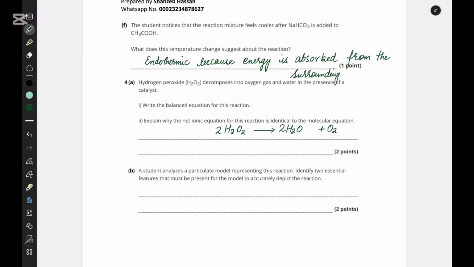So they are asking why the net ionic equation for this reaction is identical to the molecular equation. The reason is that there are no spectator ions present. That is why the molecular equation is equal to the net ionic equation.